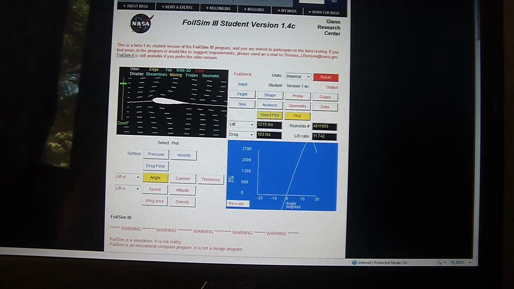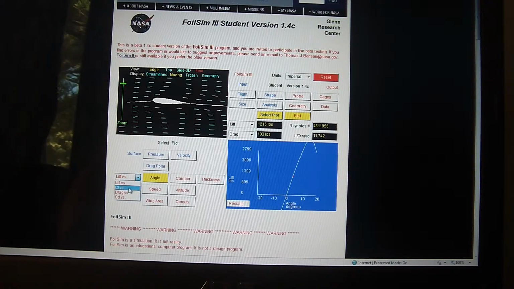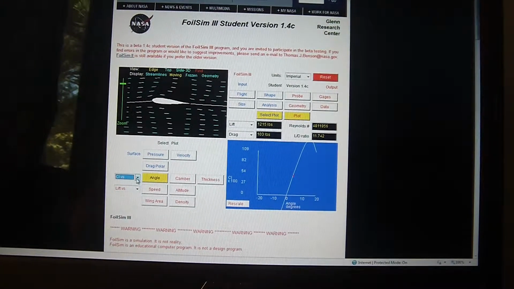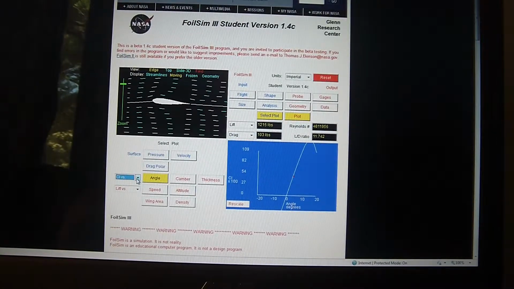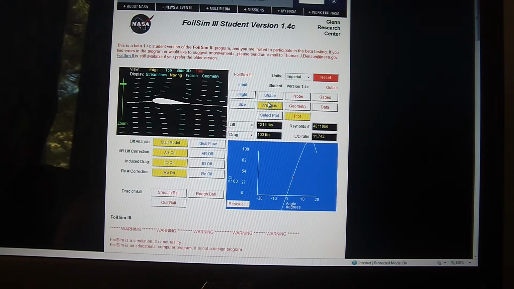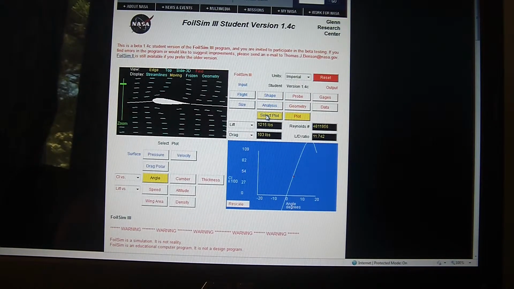I'm not sure if I can actually plot that. Drag versus coefficient of lift. Let me rescale that. That's not really going to show it very well. Anyway, this doesn't show lift drag ratio as a specific plot. That's okay, I won't waste too much time with that.